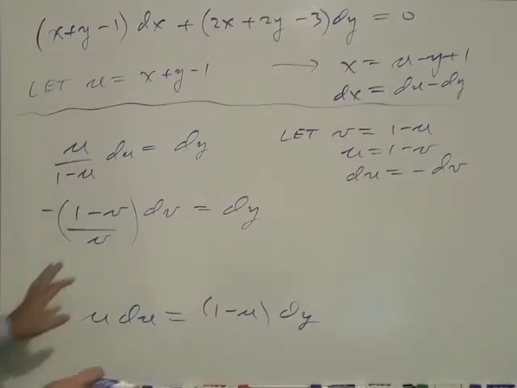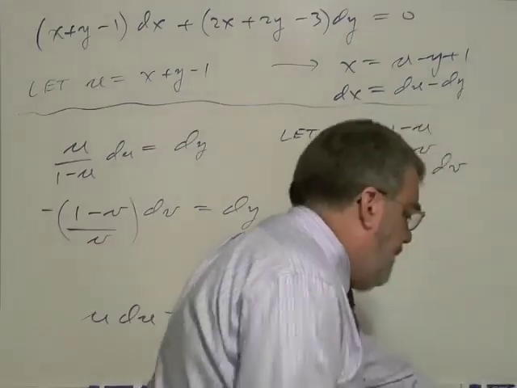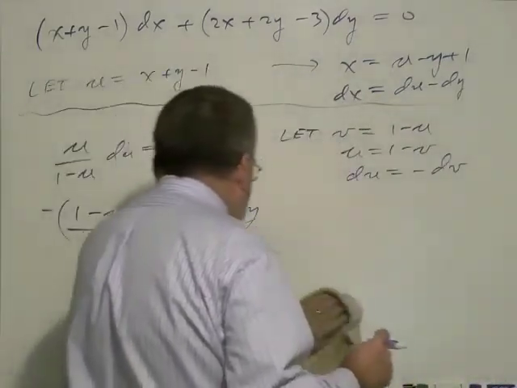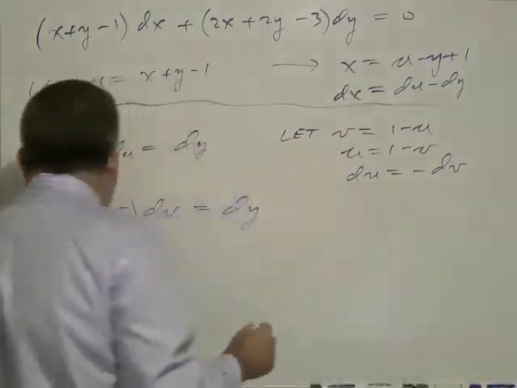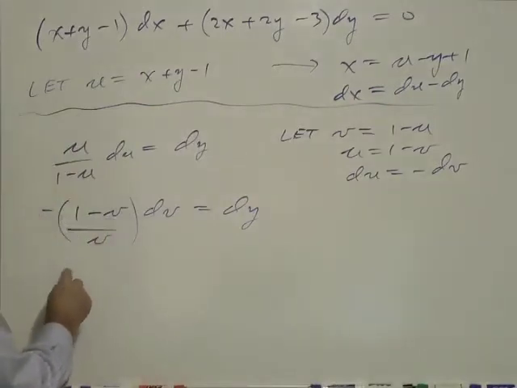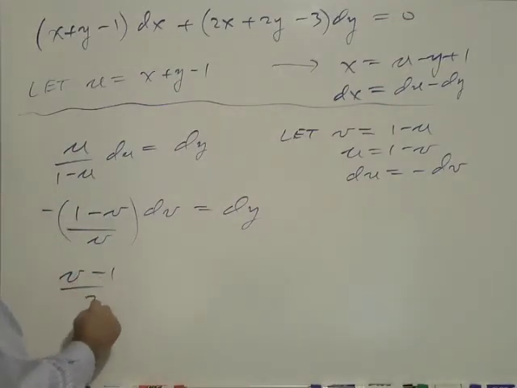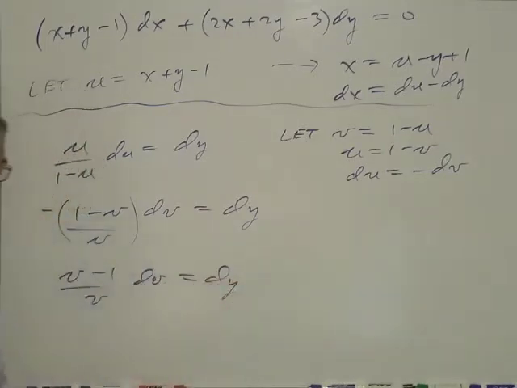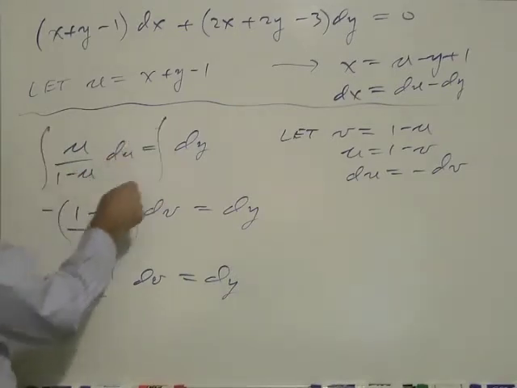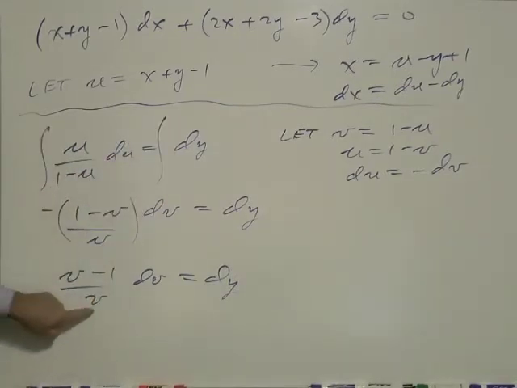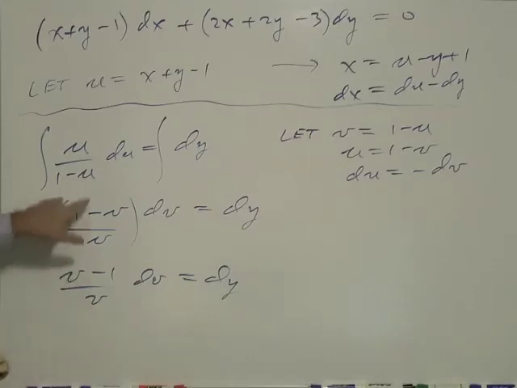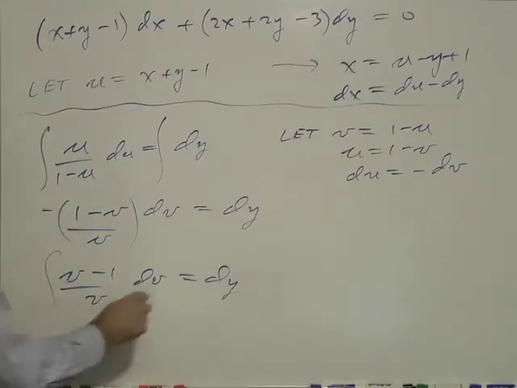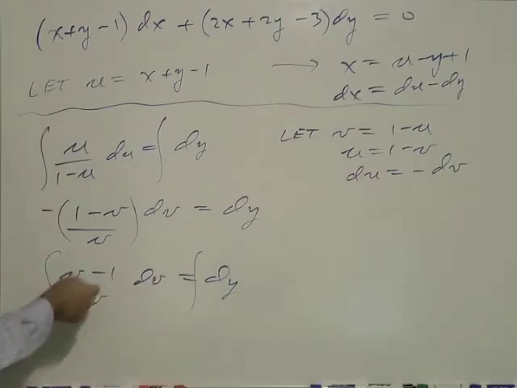Let's distribute that negative through there, and you'll see why I did this substitution. I've got (v - 1) over v dv equal to dy. If I'm going to integrate this, I'd rather face an integral with a single term in the denominator than two, because now I can just divide the v into both terms.